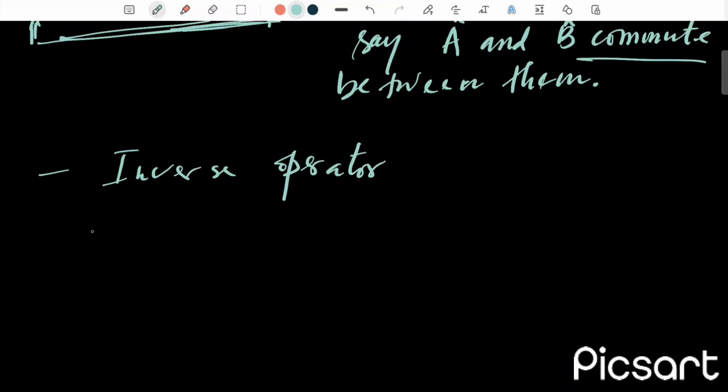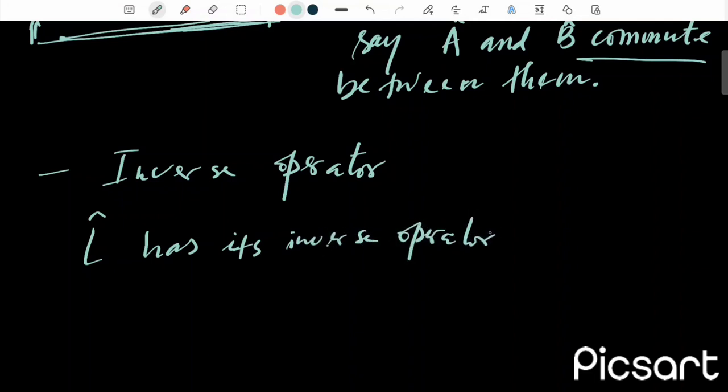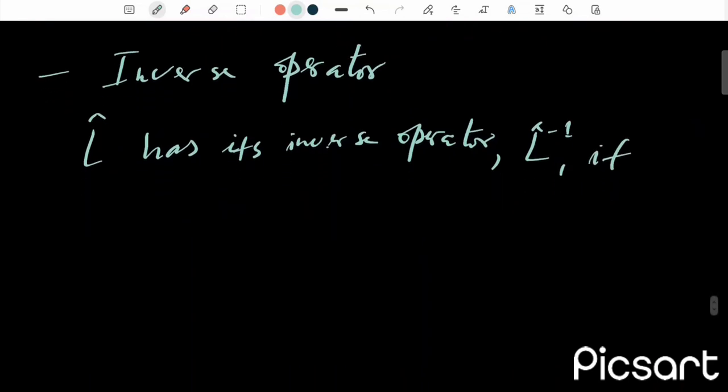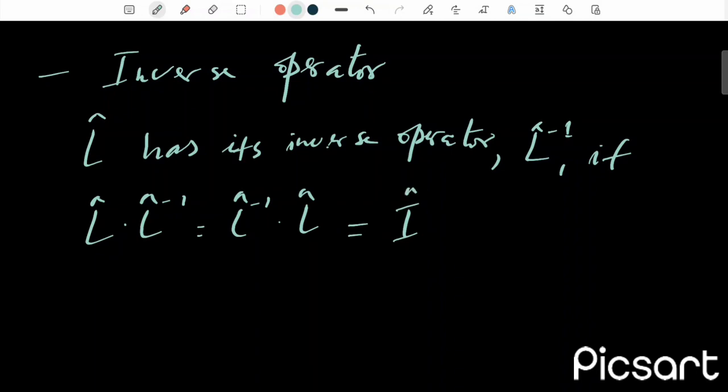We say that an operator L has its inverse operator L power minus 1 if the product between them is equal to the identity operator.